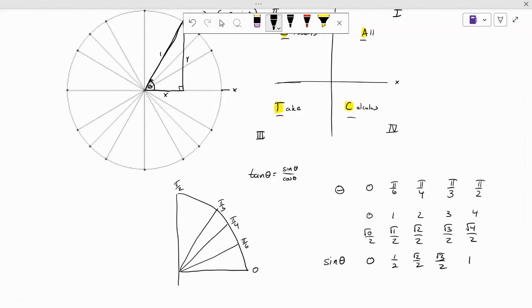And if you write the numbers that you got in that row in the opposite order, then you get the cosine of those angles. So that's one way, if you forget it, kind of muscle memory, of getting the sine and cosine of the basic angles in the first quadrant.